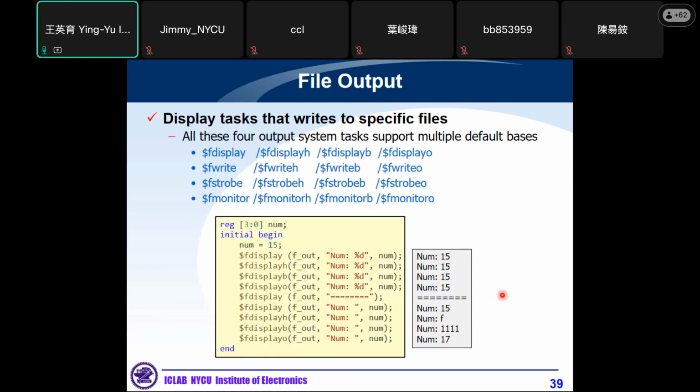This slide provides some more functions for writing data into external files. These are essentially variations of the 4 functions we introduced earlier. The difference lies in the data format used for output. By appending h, b, or o to the original 4 commands, we can specify the numeric base for output.